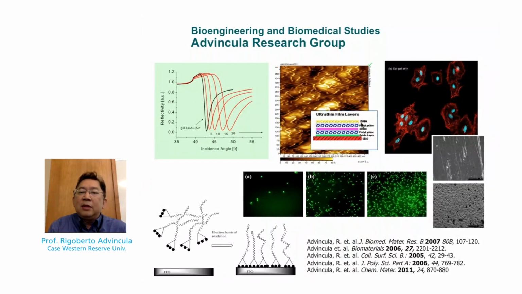In fact, at the end of the talk, with the remaining time, I'd like to show you some of our work on polymers for biosensing, for those of you who will be interested to stay. But today will be quite different because this is also a tutorial and introductory talk.